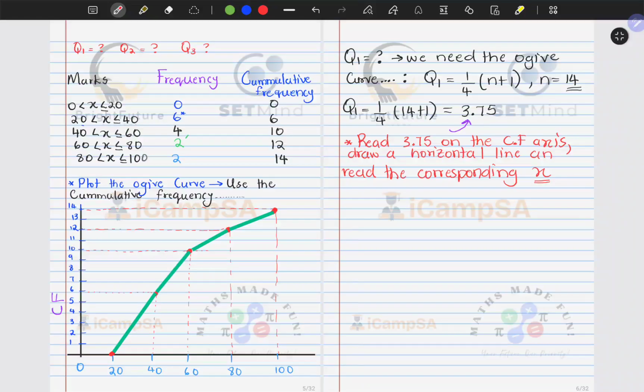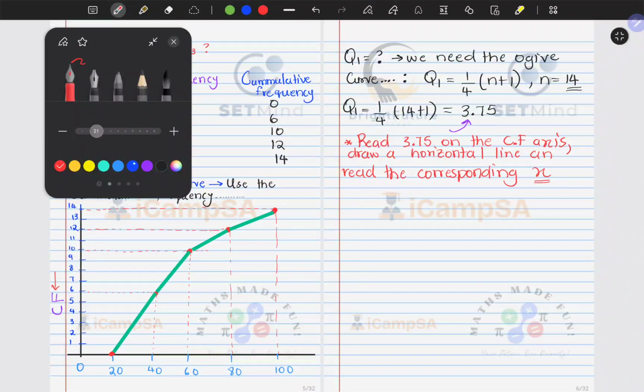If you look at the notes that I wrote, I'm saying read 3.75 on the CF axis, then draw a horizontal line, and then read the corresponding x value. What do I mean?